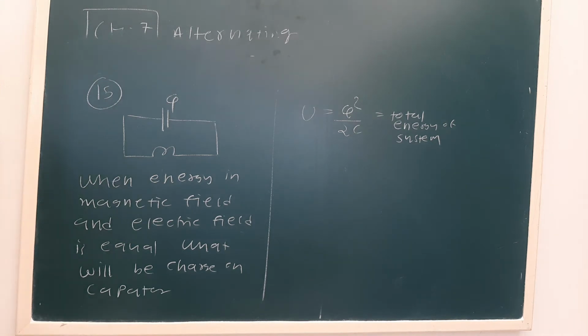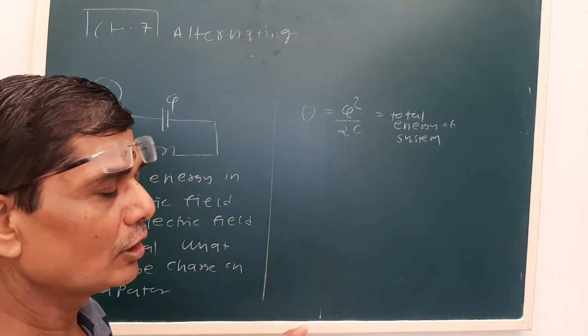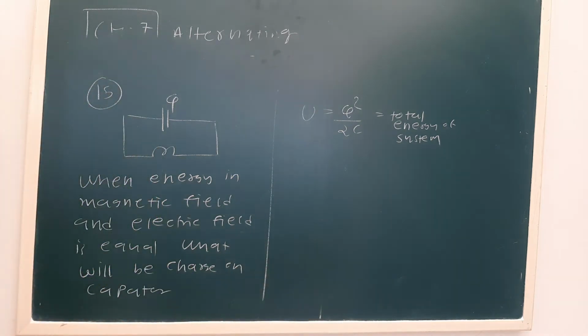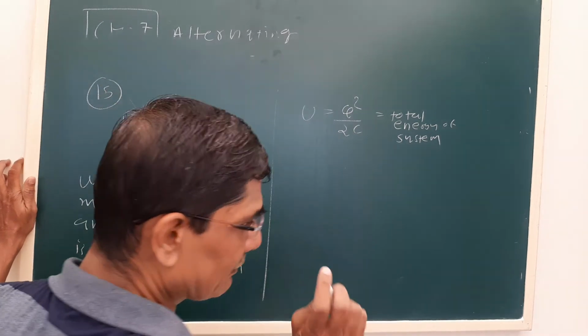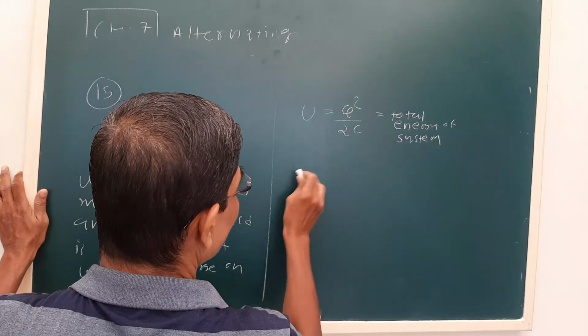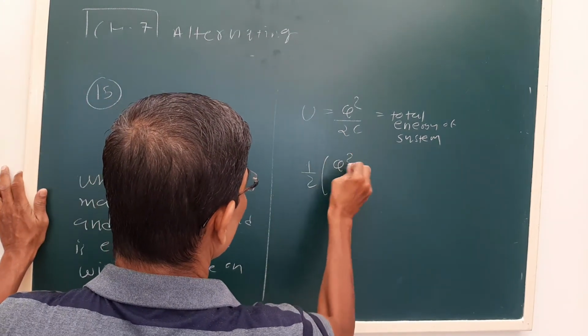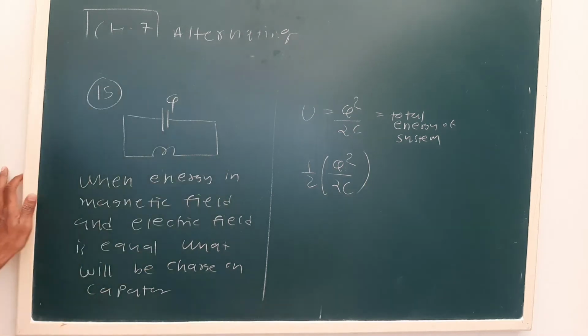Now when the energy of electric and magnetic field become equal, that energy will be equally divided. So this will be half of Q square by 2C. Okay, half of the Q square by 2C.